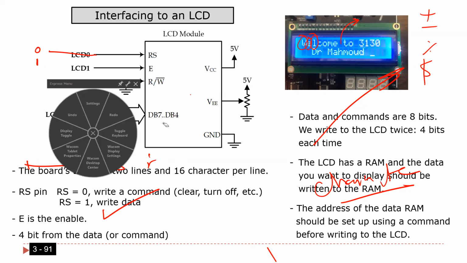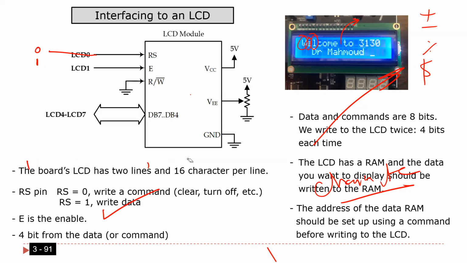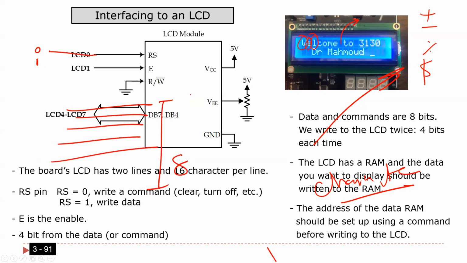In case of 8-bit mode, if you want to connect it in 8-bit mode, you have here 8 pins. So you have to connect it to 8 pins of your microcontroller. And this is where you have to send the data. So if you want to send a byte, I need 8 pins to connect it if you use it in 8-bit mode. Is that okay?